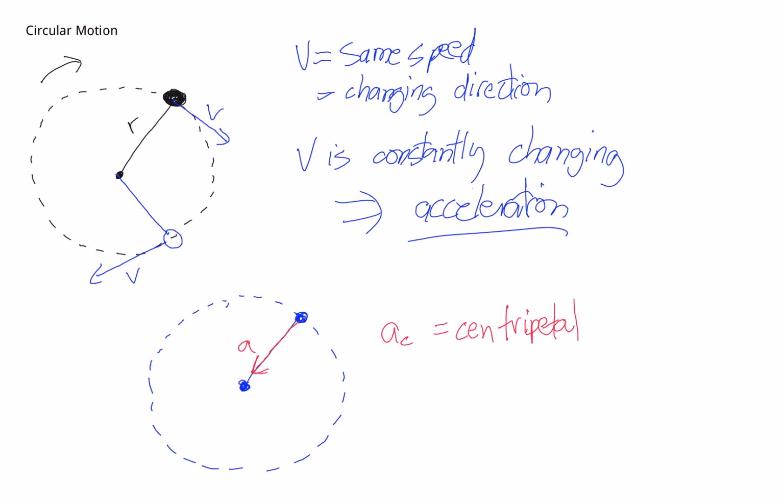And because our acceleration is towards the center, our force is also towards the center because force and acceleration have to match in the same direction. So we call it our centripetal force. Centripetal comes from an old Latin word basically meaning towards the center, or center seeking. So centripetal acceleration and centripetal force are always going to be inwards.